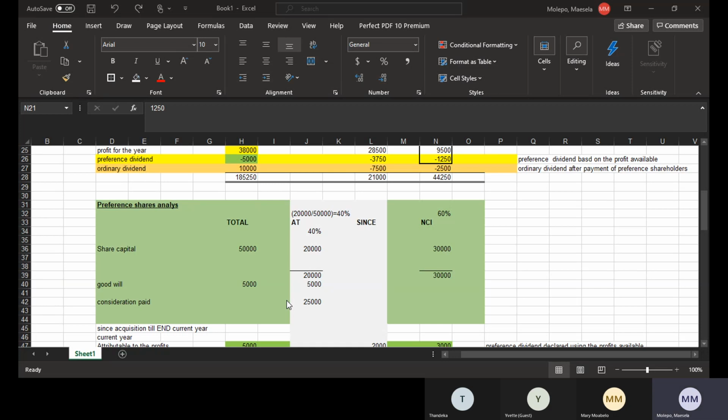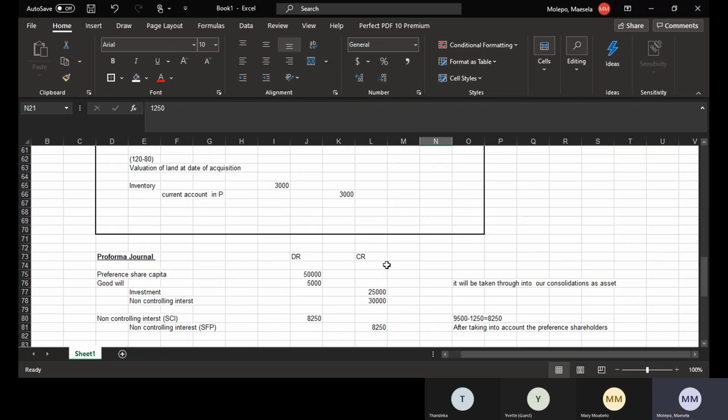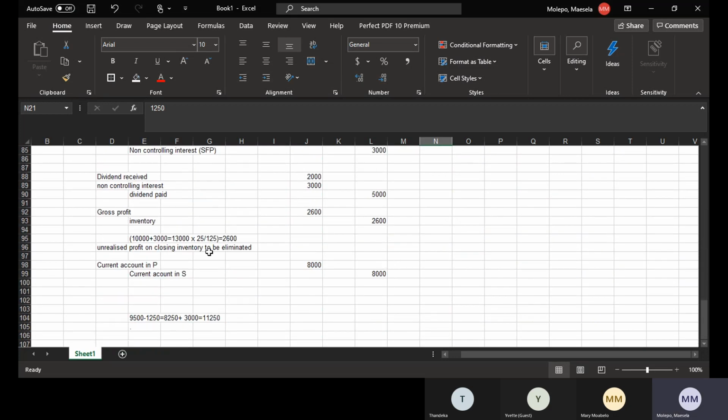And then minus the profit: the 13,000 times 25 divided by 125 is the profit calculated here. When you add all those and minus the profit, they give you 85,400. Then trade and other receivables are straightforward: the 20,000 from the parent plus the 48,000 from the subsidiary gives you 68,000.